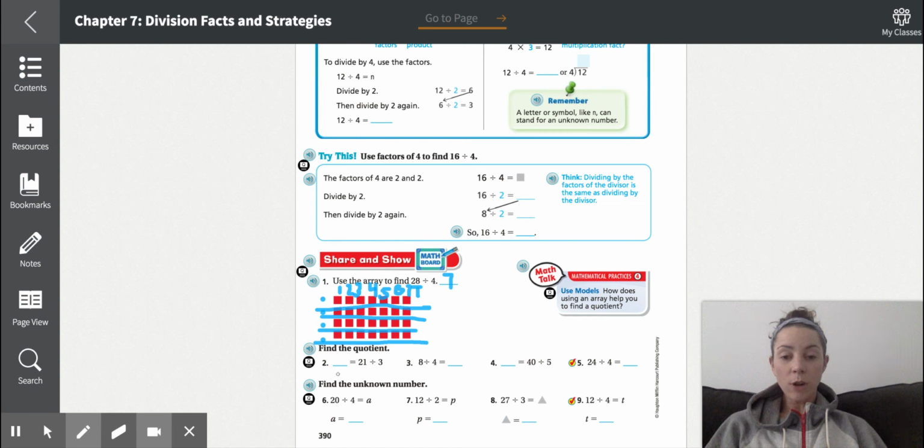Let's see. Some of the strategies we use, maybe for this one I could draw circle groups. So 3 groups. And I want to pass them out one at a time. Let's make it a little tiny. 1, 2, 3, 4, 5, 6, 7, 8, 9, 10, 11, 12.